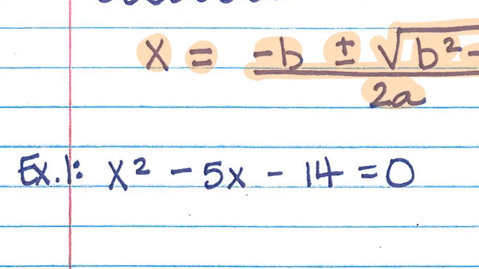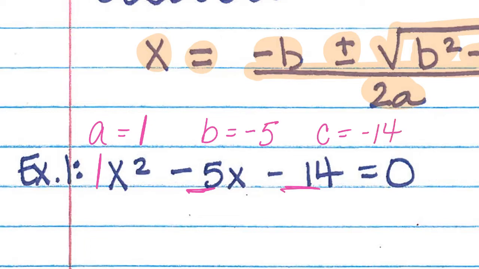So, the first thing that we need to do is name our A, our B, and our C. The A, in this case, is 1. The B, in this case, is -5. And the C, in this case, is -14.